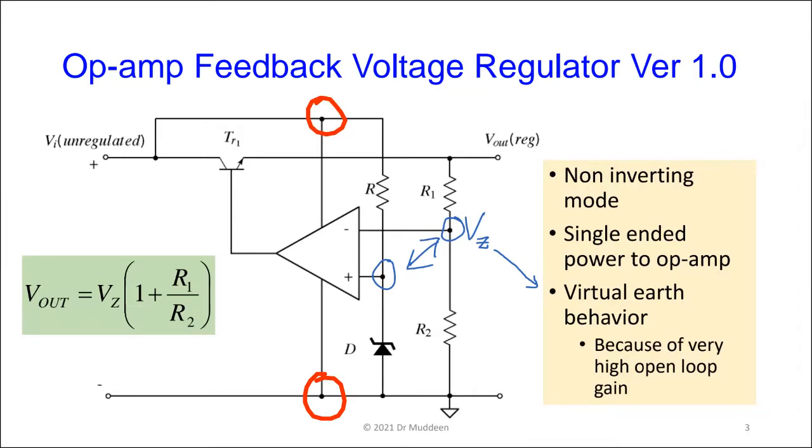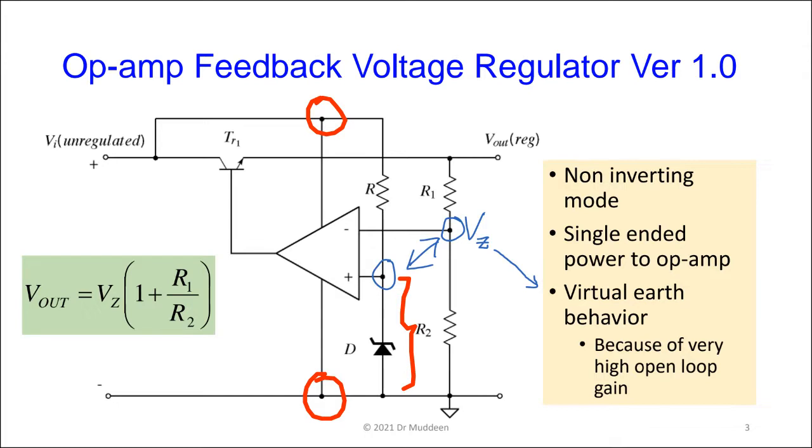One reason this works is the virtual earth behavior of the operational amplifier. If you put a voltage on one input, for instance the non-inverting input as we have here, the virtual earth behavior means the other input, in this case the inverting input, tries to equalize to become VZ.